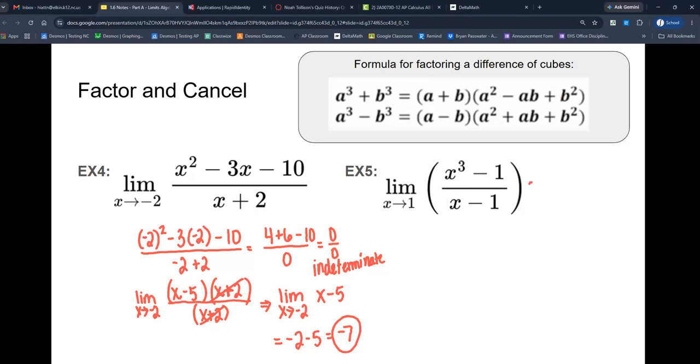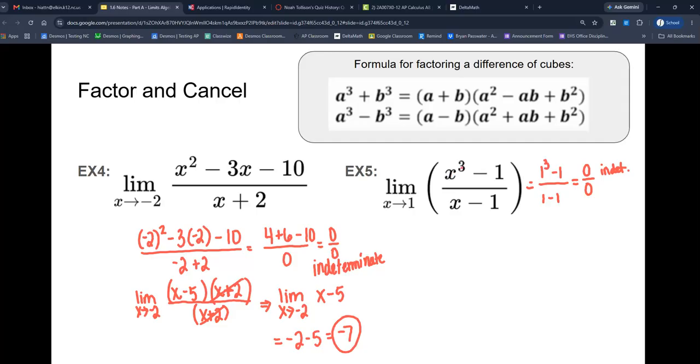But if I try direct substitution here, I'm going to get 1 to the third minus 1 over 1 minus 1, which is 0 over 0, which is indeterminate. And indeterminate tells you to keep going. You should never give 0 over 0 as your answer, or say 0 divided by 0 is 0. That's false. It tells you to keep on going.